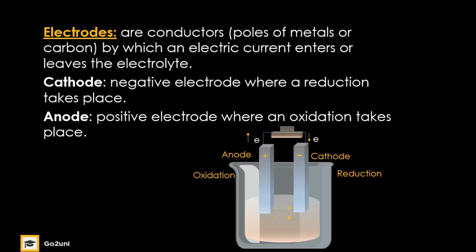The rod that is connected to the positive terminal of the source of electricity becomes the anode, a positively charged electrode, while the electrode connected to the negative terminal is the cathode.